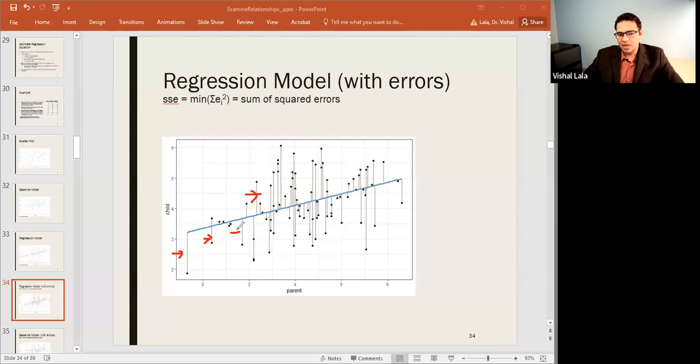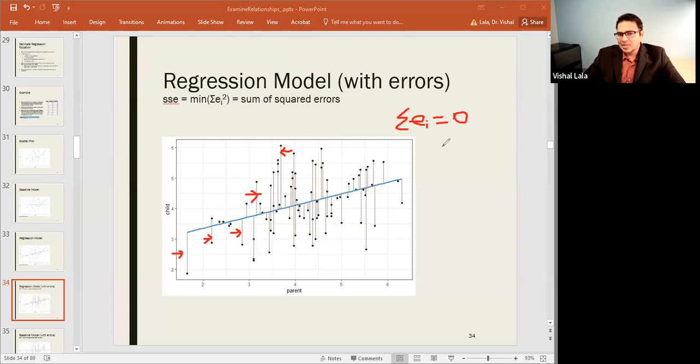Therefore, the ones below would be negative in valence, and the ones above would be positive in direction. If you add them all up, the sum of all these error terms would be 0. Now, that's good. That's one property of this regression line.